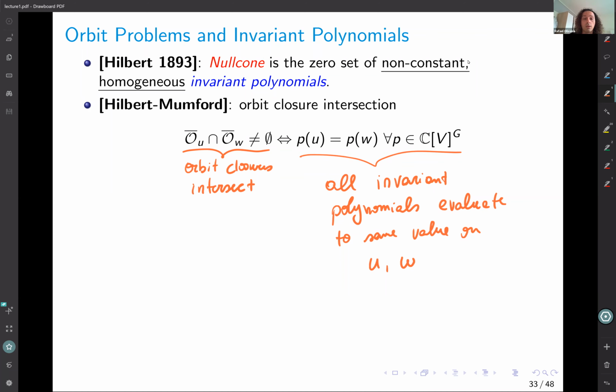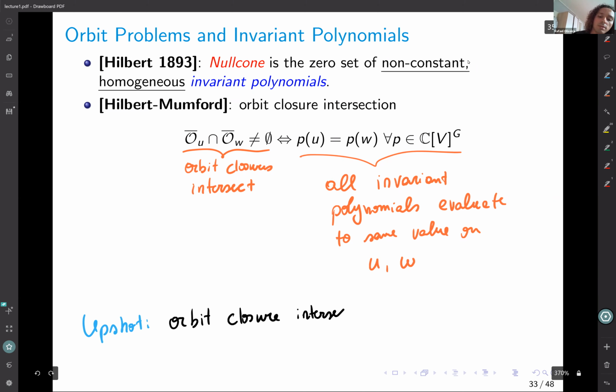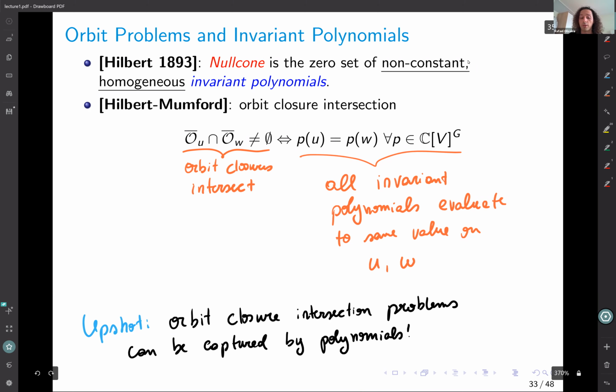Okay. So in particular, one good thing about these theorems, the upshot here, is that null cone and orbit closure intersection problems, and the null cone is one of them, can be captured by invariant polynomials.